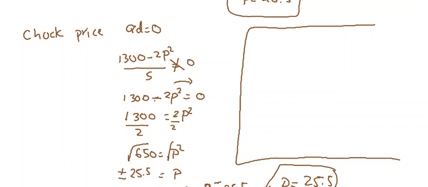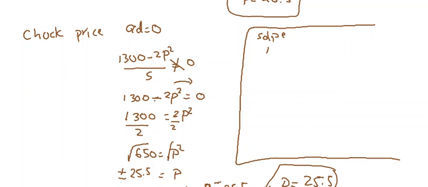So for the first one, the slope, you have what? As we know, this one is a quadratic, it is a parabola, so for the slope it's better to use the derivative.